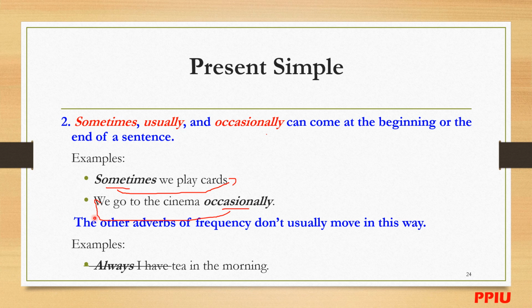Or "Occasionally we go to the cinema." In short, all of them can be at the beginning or at the end of a sentence. The other adverbs of frequency don't usually move in the same way. For example, "Always I have tea in the morning."